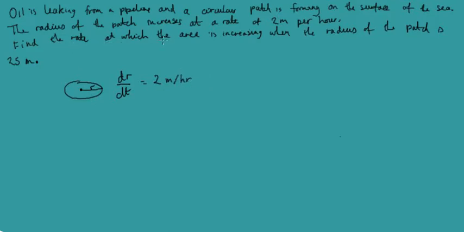Find the rate at which the area is increasing when the radius of the patch is 25 meters. So we need to think, what is the area of the circle? The area of the circle is going to be pi r squared, and we want to find dA by dt when r equals 25.